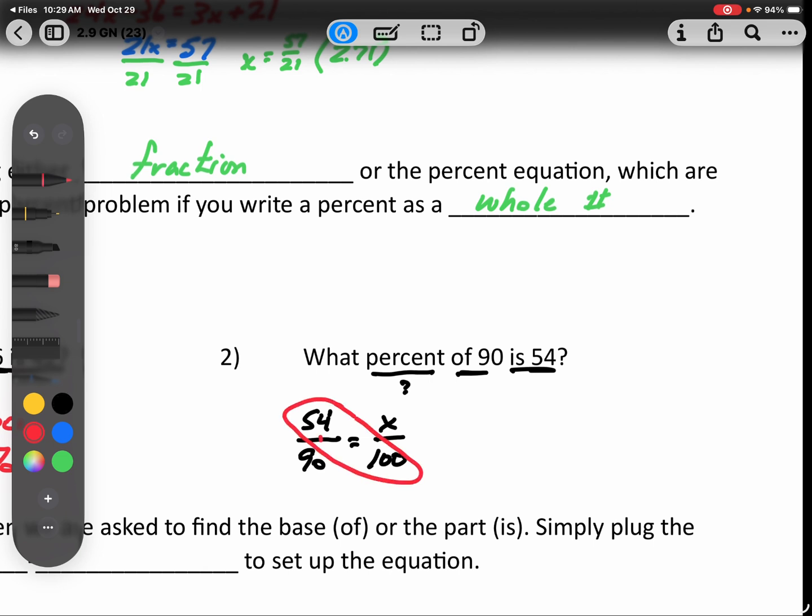Cross multiply again, and that's going to give me 90 times the number x equaling 5,400. Now this one I can be less reliant on the calculator because each value has a 0, so I can cancel out a 0, and then ultimately I have 540 divided by 9, and after I divide it out, you get 60%.